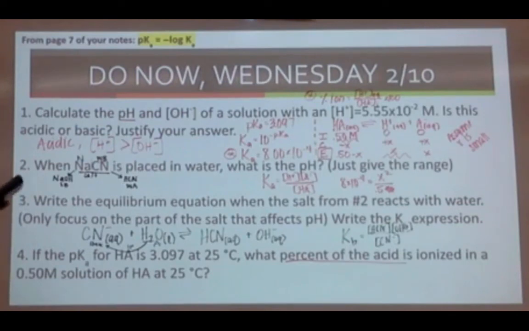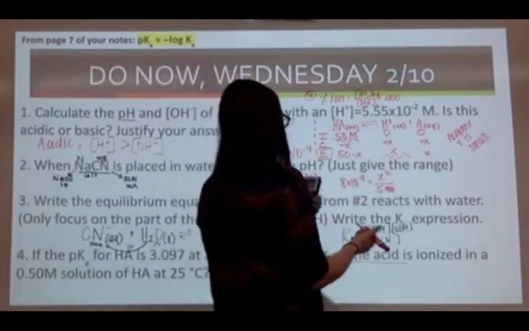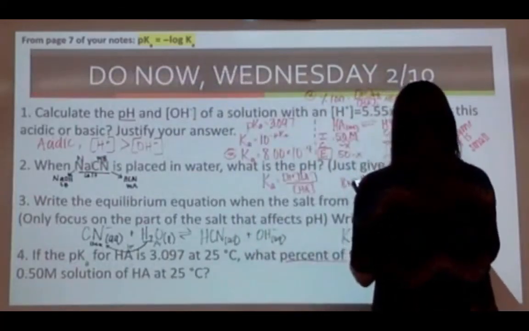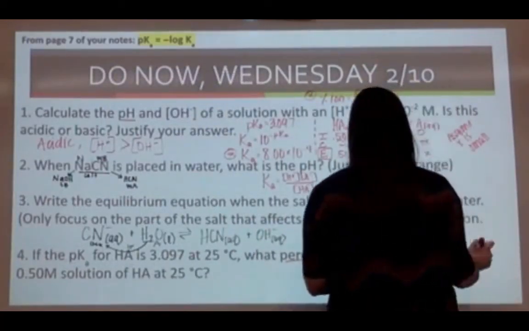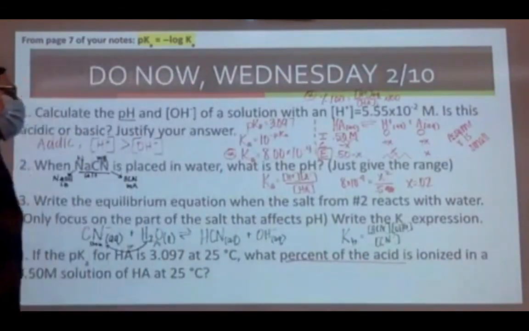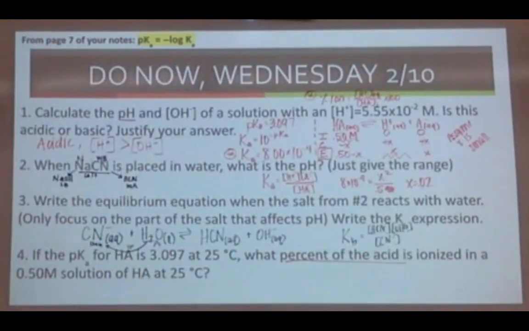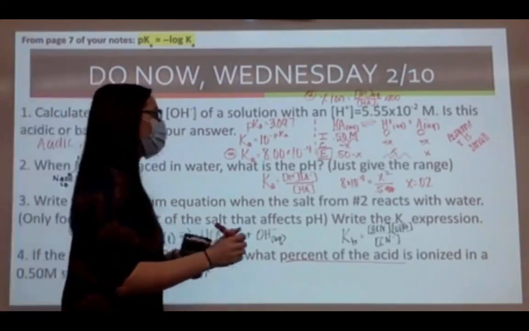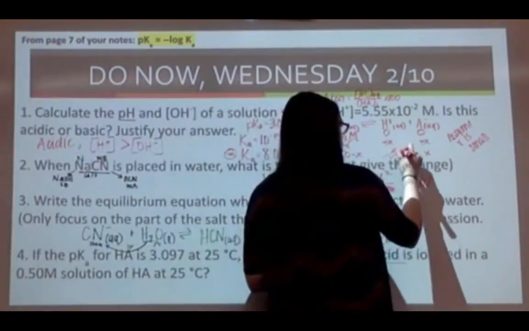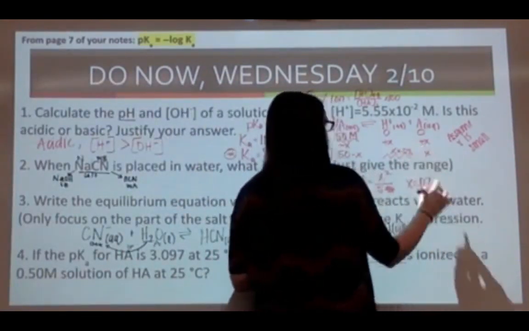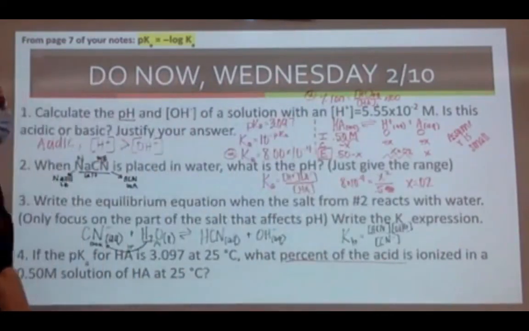We technically could have done this without a calculator, but that's okay. x is 0.02. After you solve for x, take just a second and look at what the problem wanted you to solve for and why x would be useful. I see that I underlined H plus at equilibrium. That's 0.02 molar.